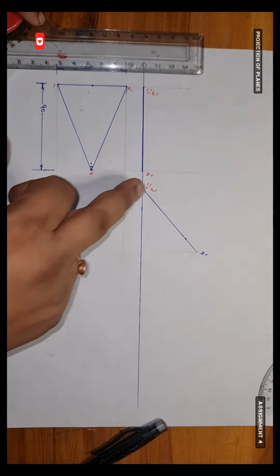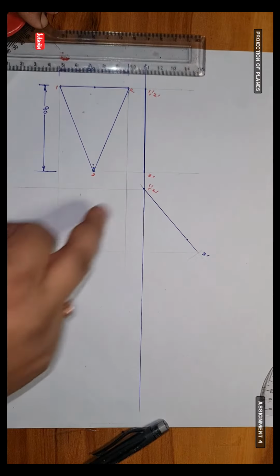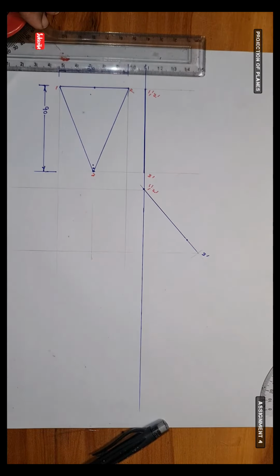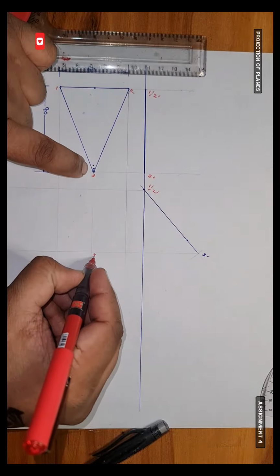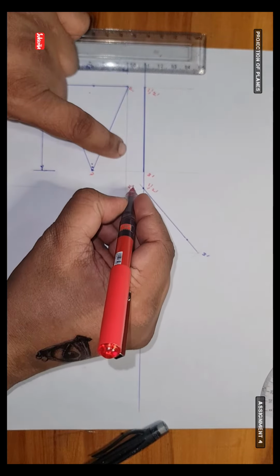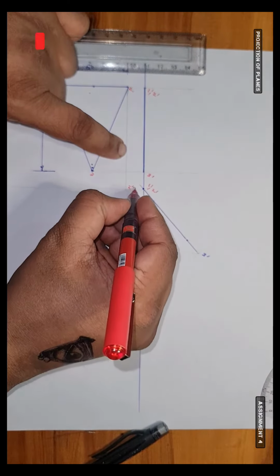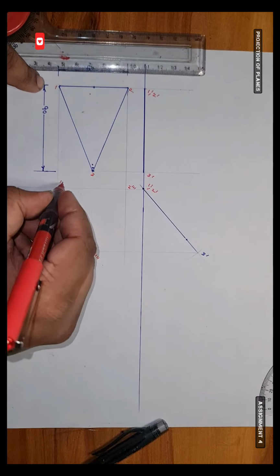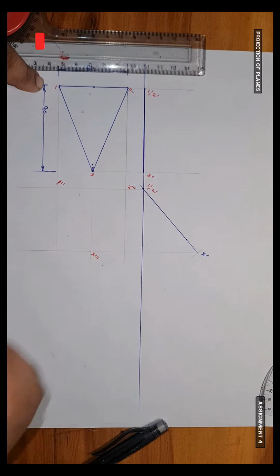So now I have marked all these points to the top view, and now you have to mark the respective points, 3 triple dash, and this would be your 2 triple dash, you can say 1 triple dash, 1 triple dash.